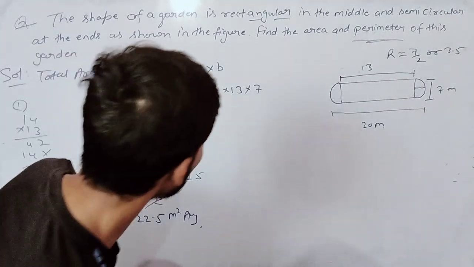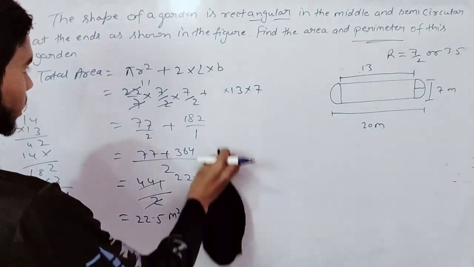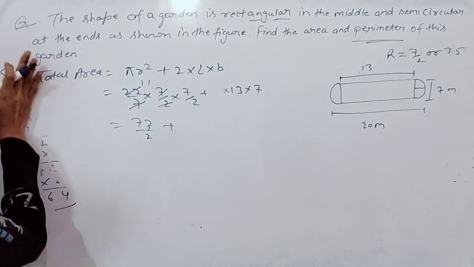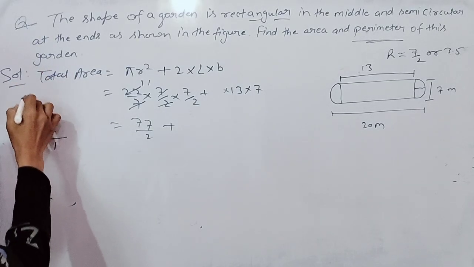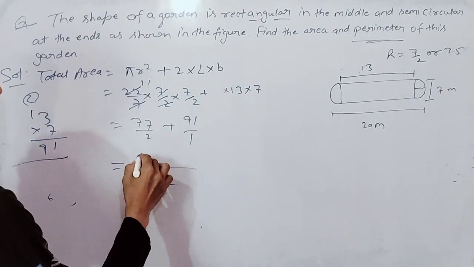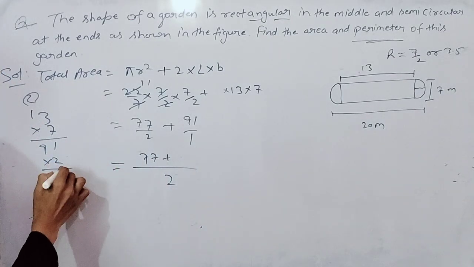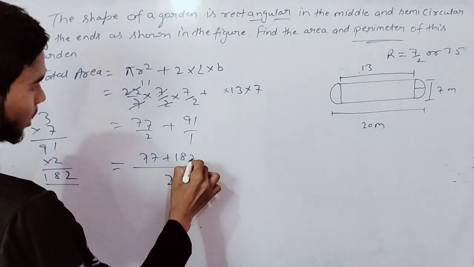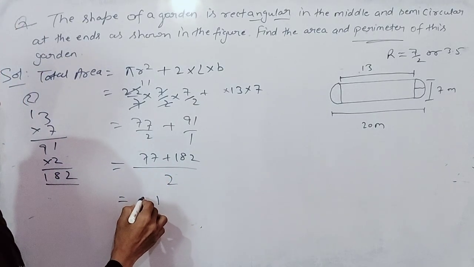So here I did draw what? Only L into B. Multiple 7, 91, 2, 27 plus 91, 2 ones are 2, 9 2s are 18, 182. 15.